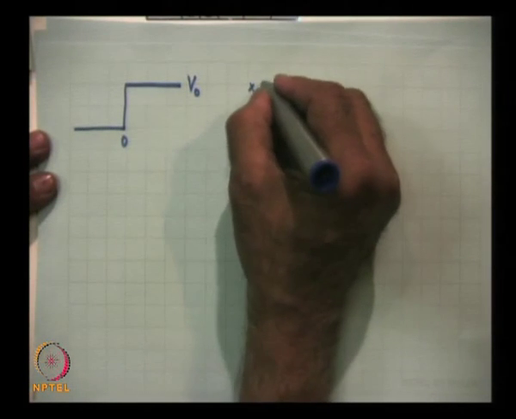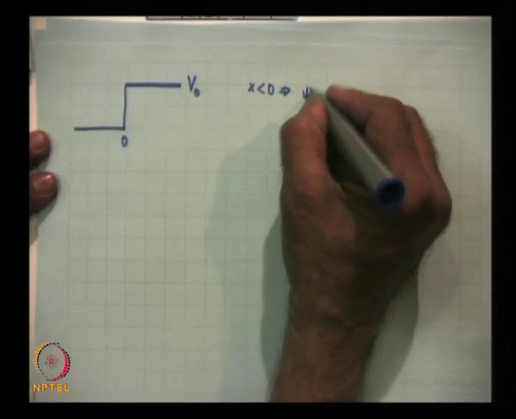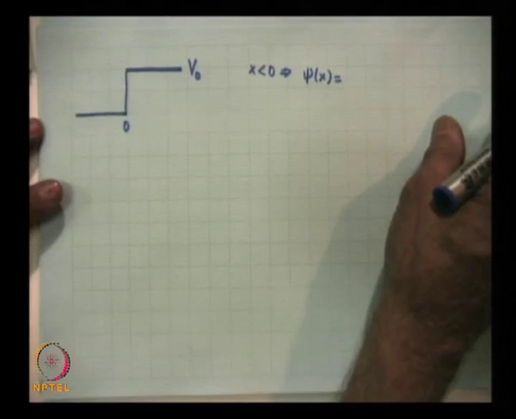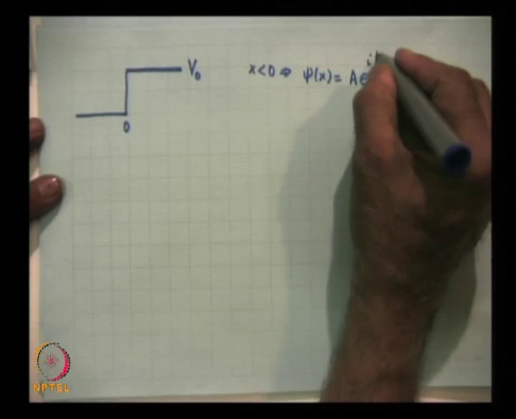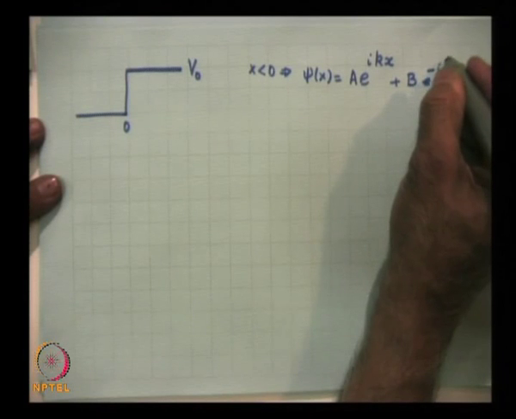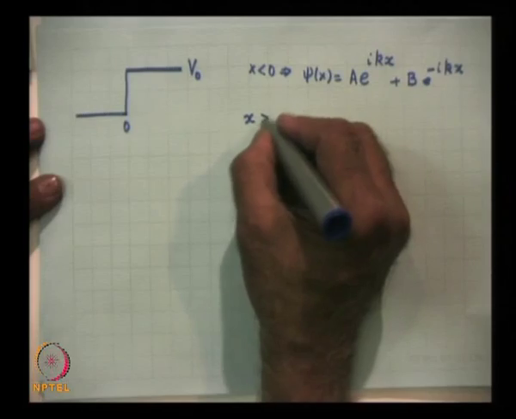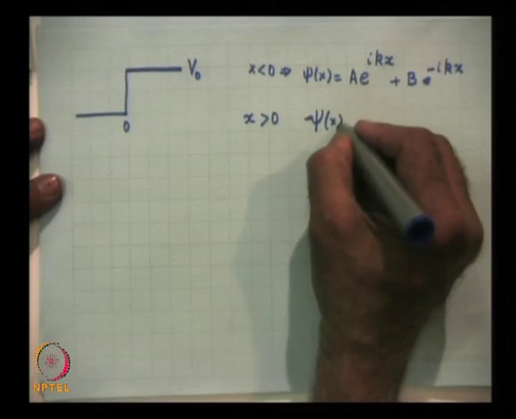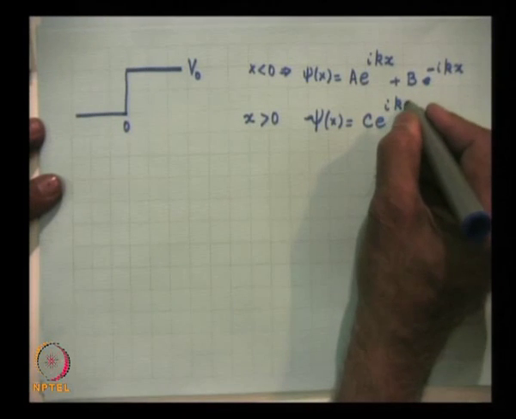For x less than 0, you have psi of x is equal to A e to the power of i k x plus B into e to the power of minus i k x, and for x greater than 0, you will have psi of x is equal to C into e to the power of i k 1 x.